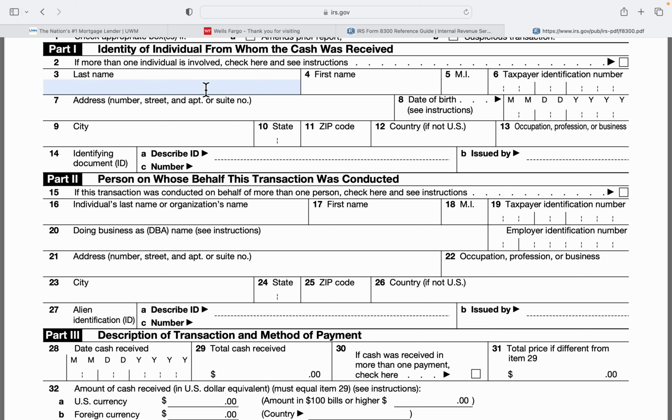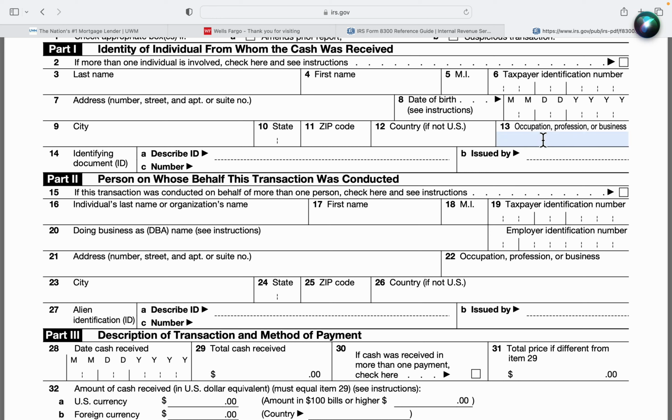You will need their last name, first name, middle initial, social security number, the address of the individual, the date of birth, and you would probably need their driver's license to verify this information, the city, and the country.